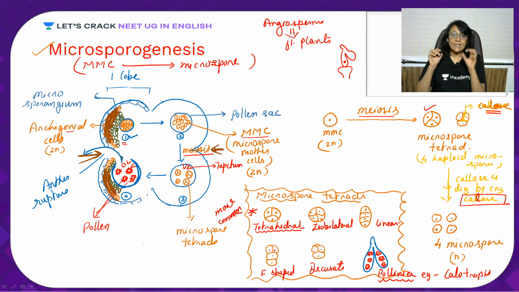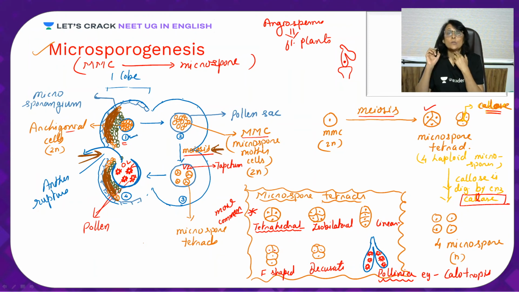Okay? Initially, these microspores remain together because of a glue-like material which is called callose. This callose has to be dissolved so that microspores can get separated. This takes place with the help of an enzyme called callase. The material was callose. The enzyme is callase.